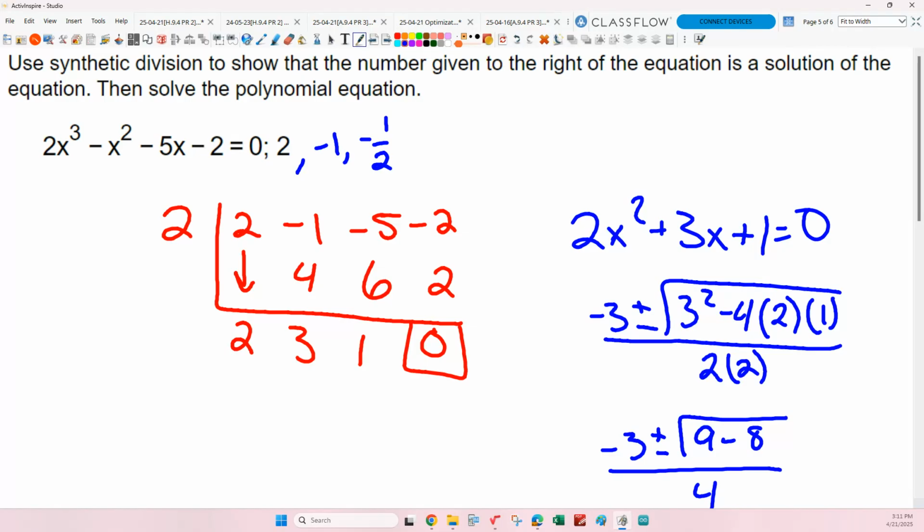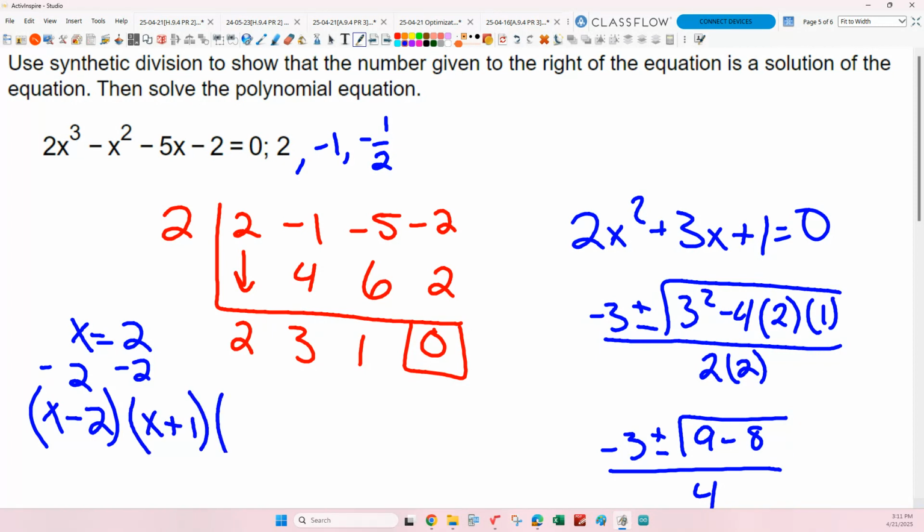Okay, if we look at the 2, that's saying it's x equals 2. Subtract 2 from both sides. X minus 2, so that's my factor. What would the factor for negative 1 be? X plus 1. And then what about 1/2? X plus 1. Yeah.